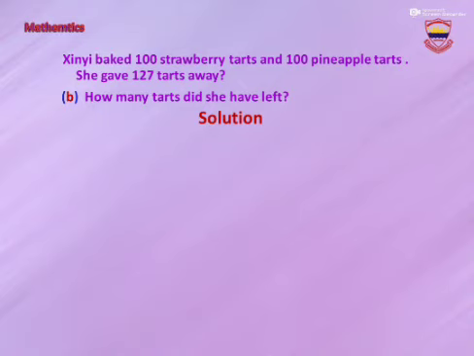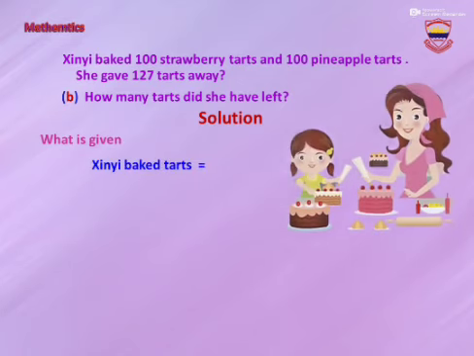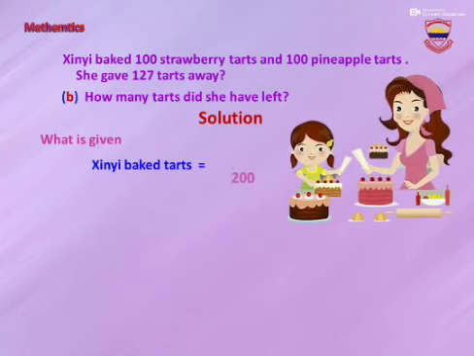Solution. What is given in this statement? Yes, firstly it is given that Zini baked tarts equal to 200 and then she gave tarts away equal to 127.